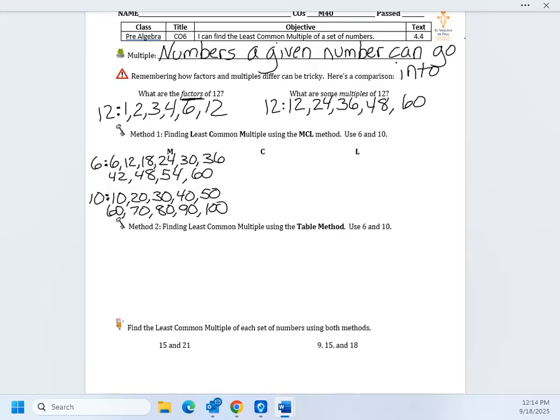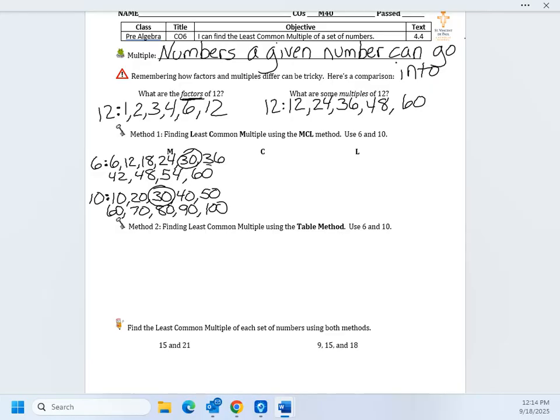So this is like when we did the listing method with our factors. Now we need to find what multiples they have in common. We're going to circle multiples in common. So what numbers do we see in both of our lists? Emily, what's one of them? We see a 30. What else do we see that they have in common?